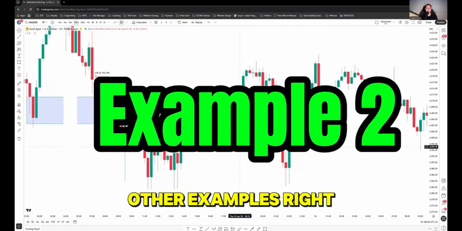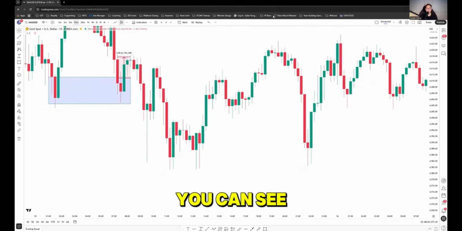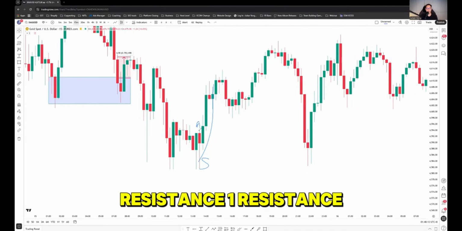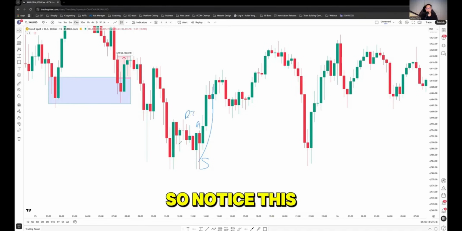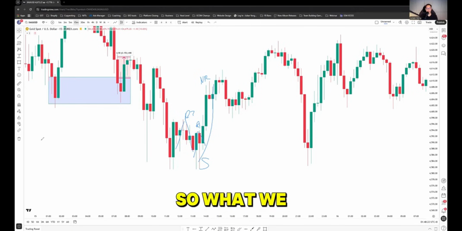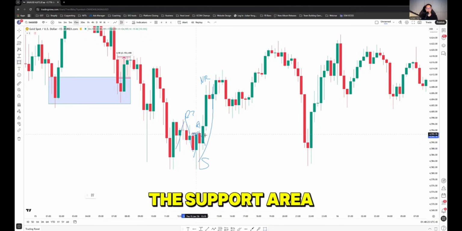Let's see other examples. Right here, you can see another SRR, very straightforward. Support that breaks through resistance 1, resistance 2. So notice this is the price that goes up, comes down. This is the price that goes up, comes down. That's why this is resistance 1 and resistance 2, forming a new resistance. So what we do is we are just marking the support area, right?